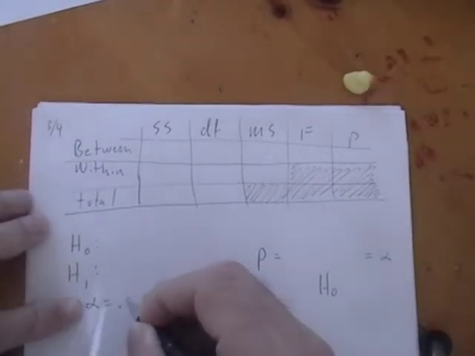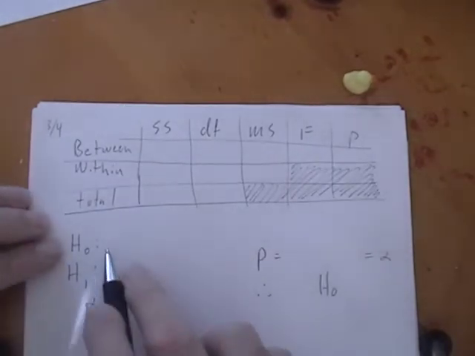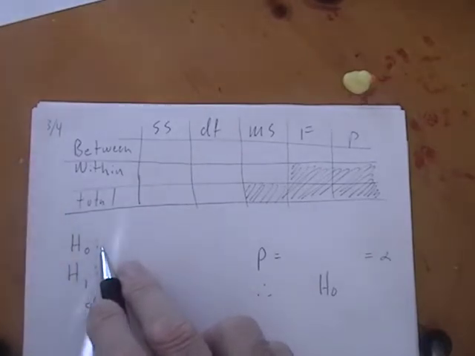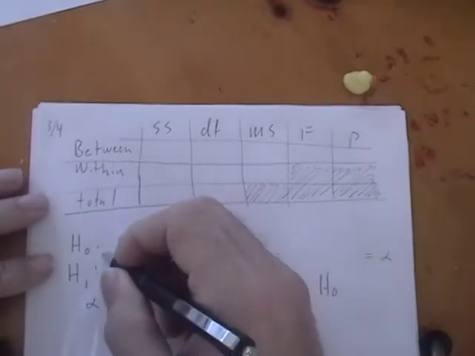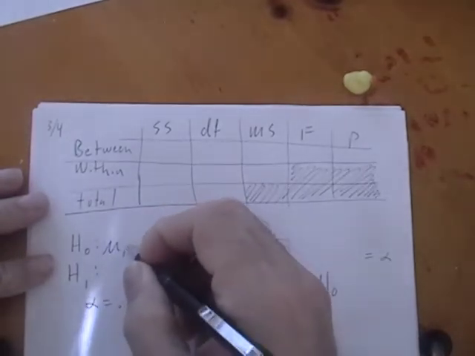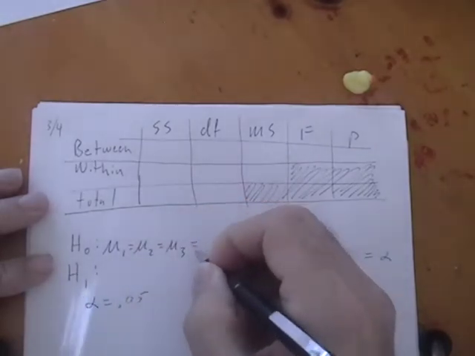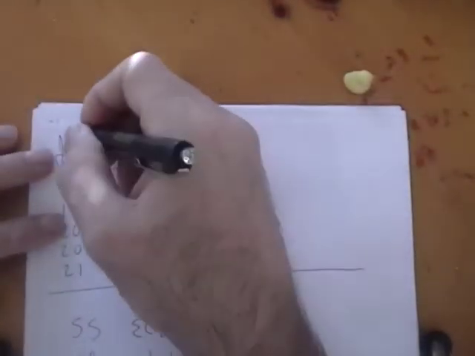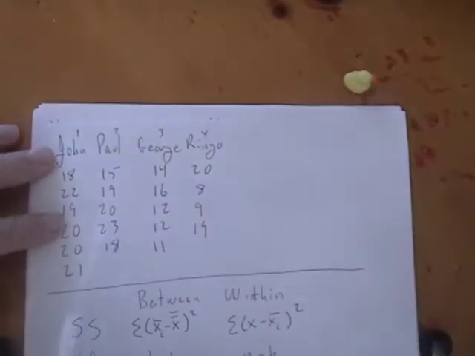Let's just make it 0.05 out of convenience. For the null hypothesis, well, the null hypothesis is going to be that the means are all the same. That mu sub 1 equals mu sub 2 equals mu sub 3 equals mu sub 4. I went up to 4 because I have my 1, 2, 3, 4 categories.